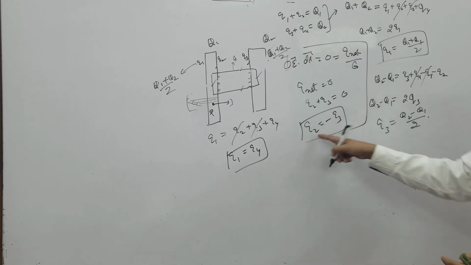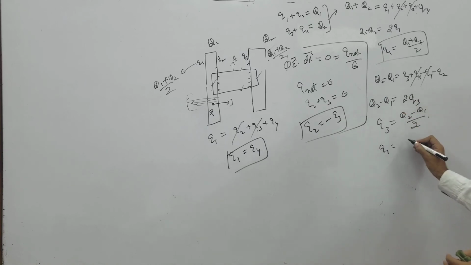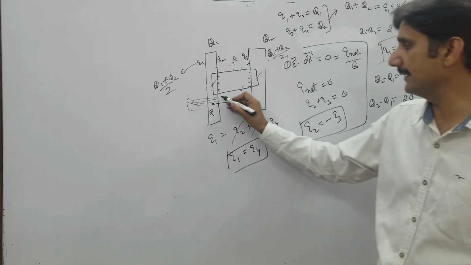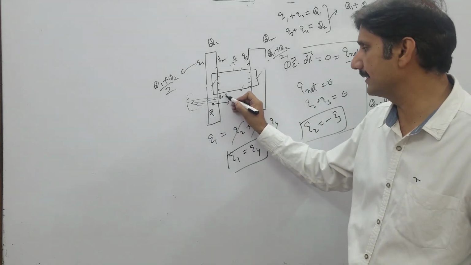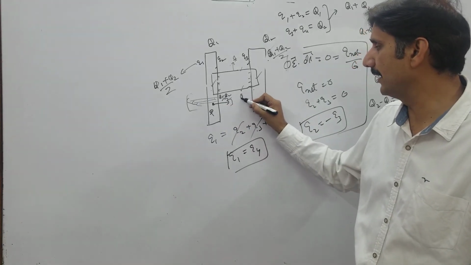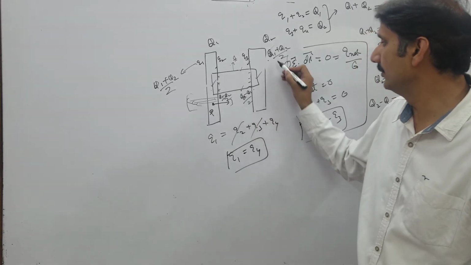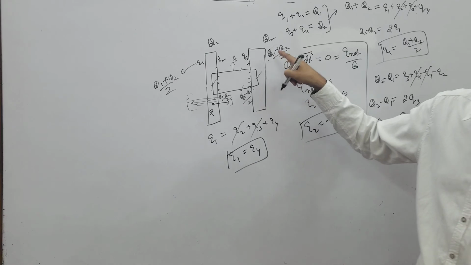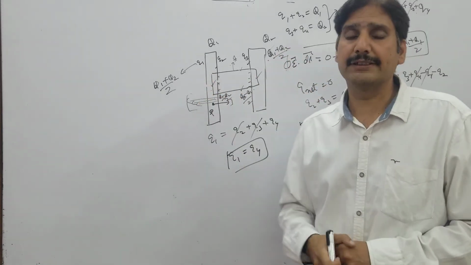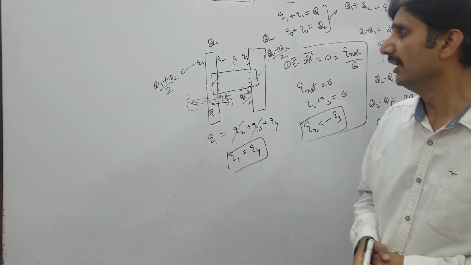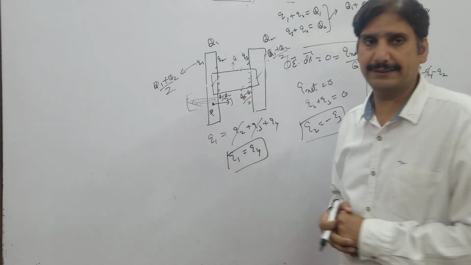And Q2 is negative of that, Q1 minus Q2 divided by 2. So on this surface you will have Q1 minus Q2 by 2. On this surface you will have Q2 minus Q1 by 2. On this surface we have already calculated Q1 plus Q2 by 2, and on this surface it will be Q1 plus Q2 by 2. So this was the case of 2 plates.